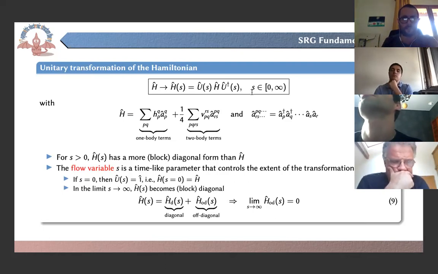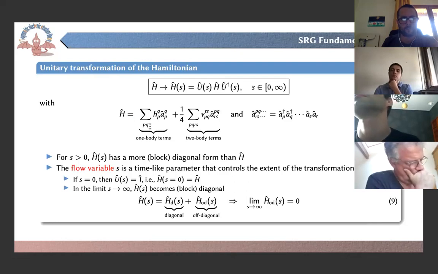Okay, so in the following, we're going to write everything in terms of many-body expansion. So I define the Hamiltonian in terms of one-body and two-body terms. Okay, so those notations, A, PQRS, are the annihilation and creation string of operators. I'm going to use those short notations.